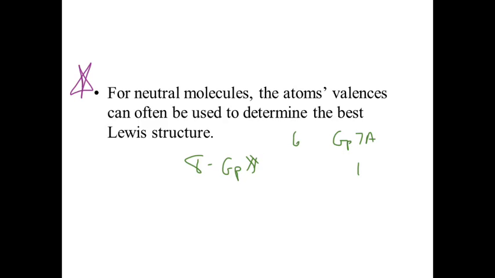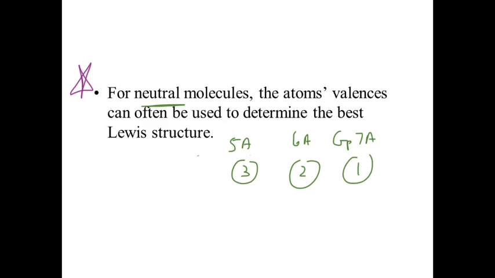For 6A, it's 2. For 5A, it's 3. In a neutral molecule, you expect an element in that column to reach out that many times. Remember, here we're talking about sigma and pi bonds. We switch it up, because hybridization counts sigma bonds and lone pair electrons, so this is a little different.